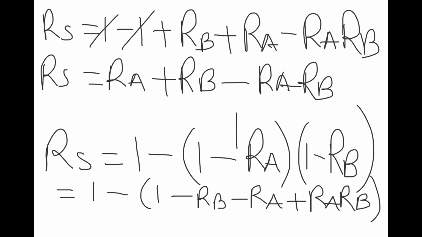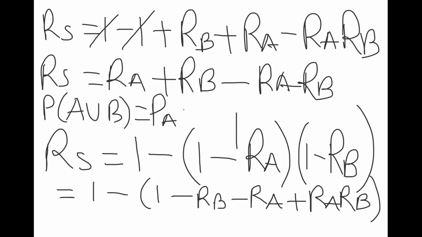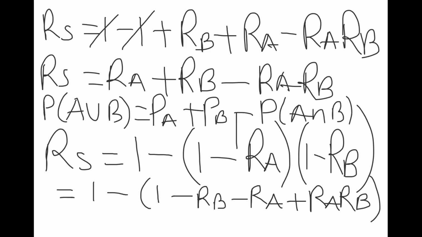It's looking like the probability of A union B equals the probability of A plus the probability of B minus the probability of A intersection B. That is not mutually exclusive, that's what we call non-mutually exclusive. So if you have components that are in parallel, somebody said that blew my mind.